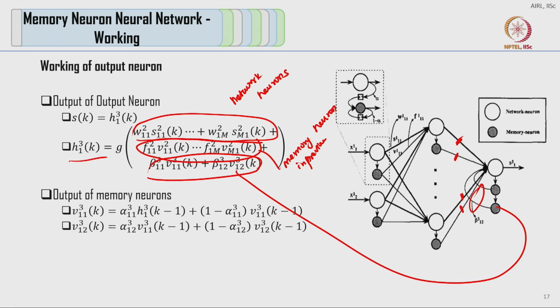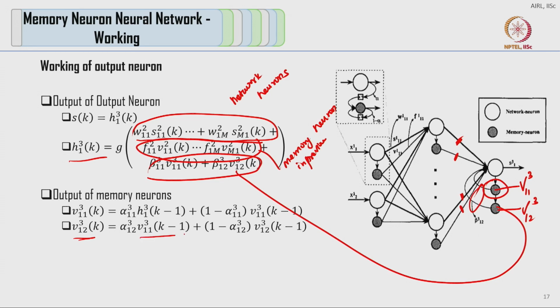Now, we know how to compute this particular memory neuron output V11 of 3: alpha 11 of 3 into H13 of k minus 1, basically from here it is coming, plus 1 minus alpha 11 of 3 into V11 of 3 of k minus 1. This is V11 of 3, this is V12 of 3. Now, when I look at V12 of 3, it receives input from the previous memory neuron.